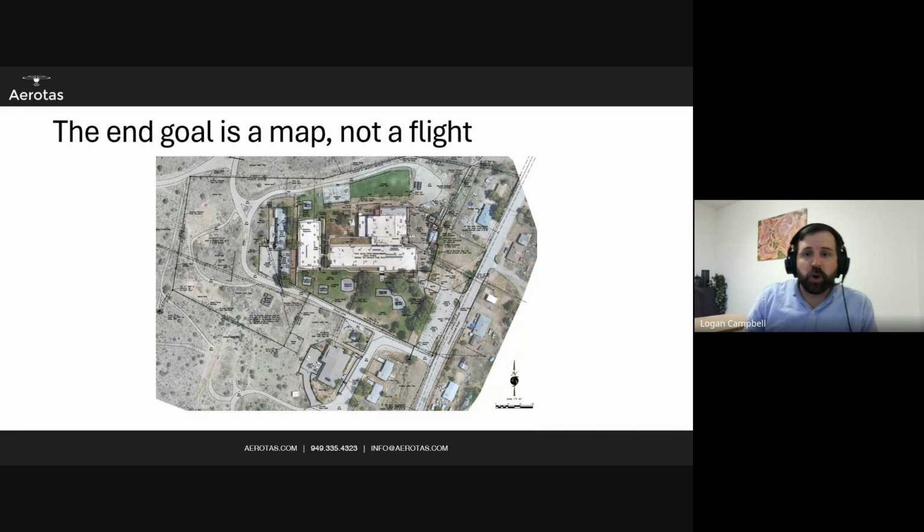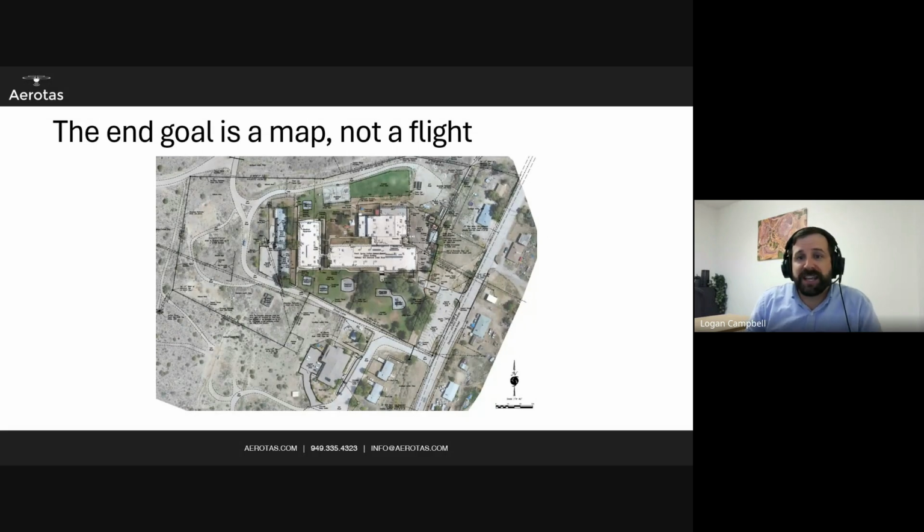Because we're talking about drone LiDAR and drone LiDAR surveying, and a lot of people really enjoy being on the drone side of things. They want to be the pilot. They want to buy the cool drone, and they want to have a good flight. But I always like to remind people that the end goal of a drone surveying program is not a flight. It is not a successful flight. That is an intermediate product.